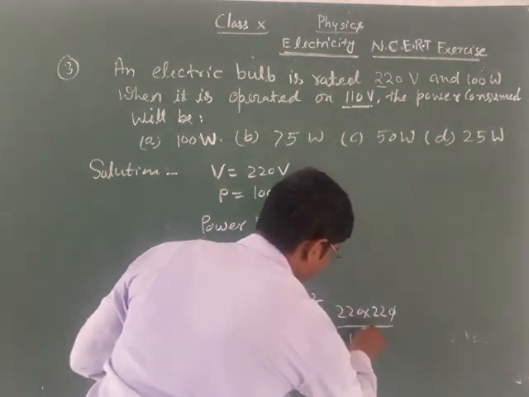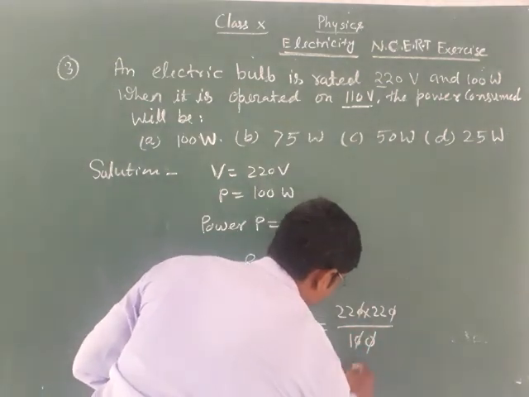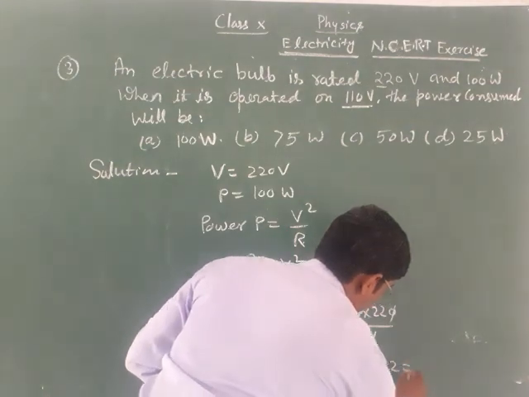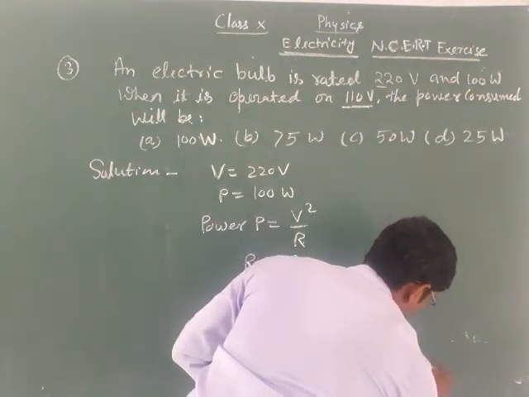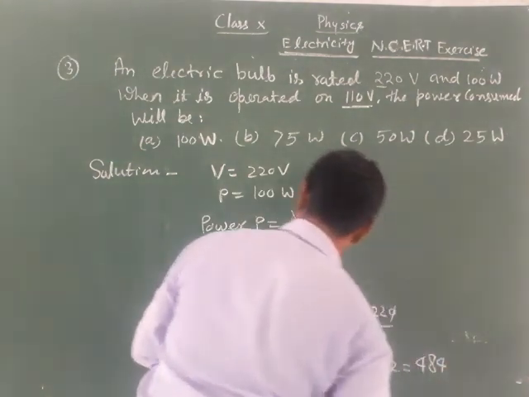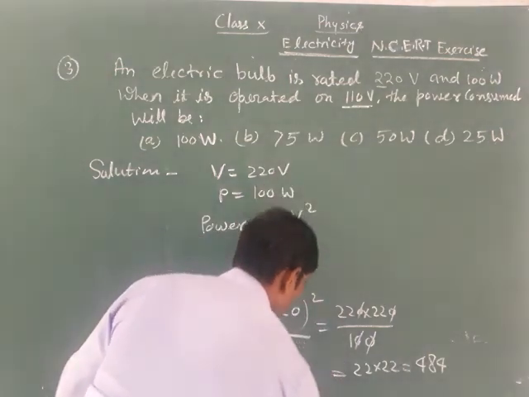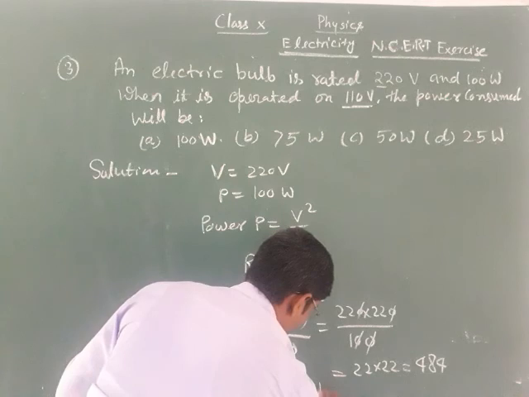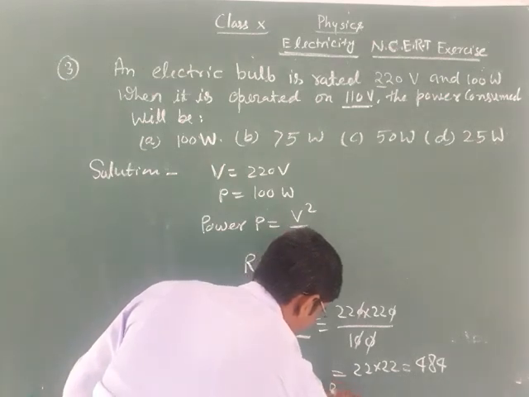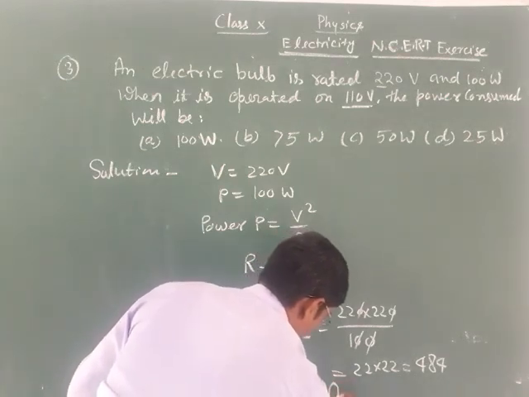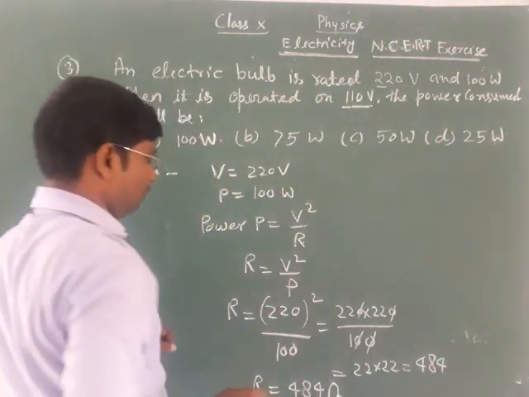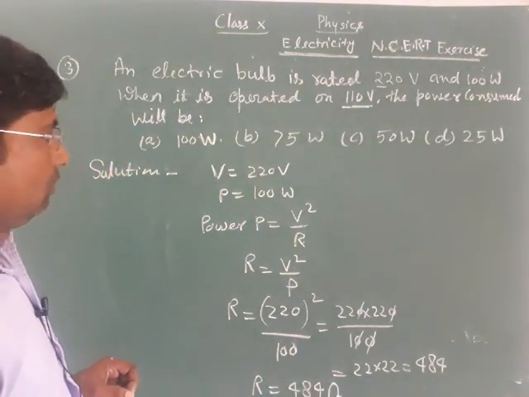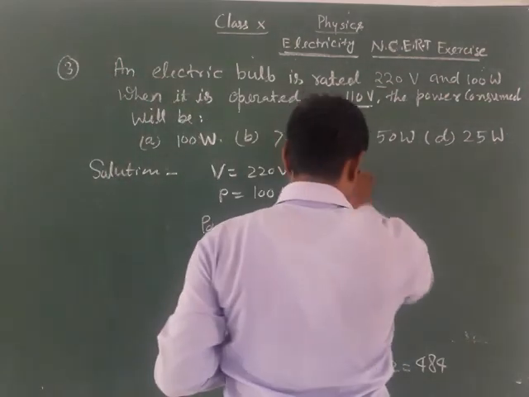The zeros cancel out, so 22 into 22 gives 484. So this is resistance, R is equal to 484. The unit of resistance is ohm, 484 ohm.